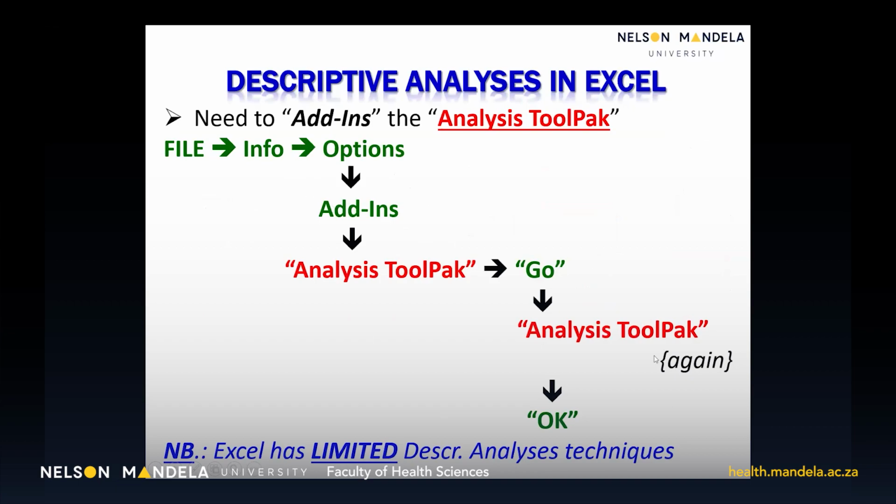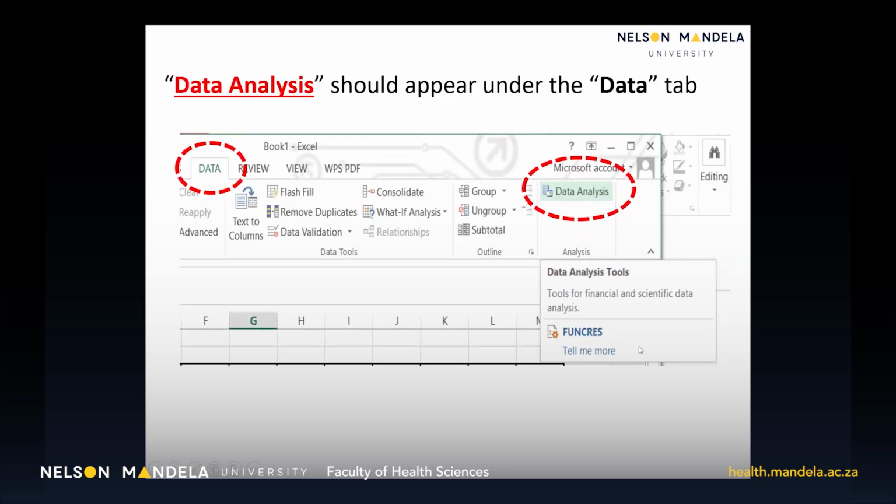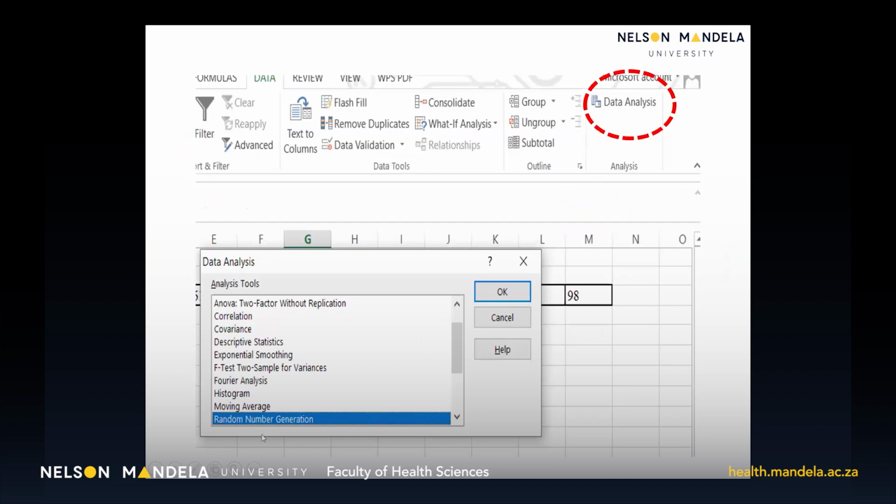When you follow these steps, it is automatically added in Excel. So when you do this part, this is your data analysis. And when you click on it, it shows you all the types of analysis you can do, either correlation or descriptive analysis, median, mode, or if you want to do a bar chart or a graph chart, and so many of them.